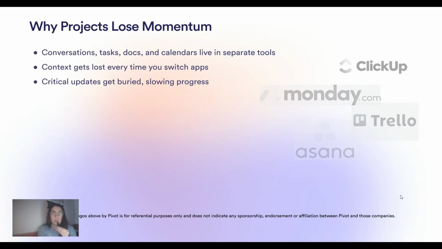Why projects lose momentum? Here's the reality. Most projects fall apart not because teams lack skill, but because conversations happen in one place, tasks live somewhere else, docs are scattered, and calendars hide critical milestones. And every time you switch tools, that context bleeds away and makes everything more confusing and frustrating, and it slows down your project and your entire team.